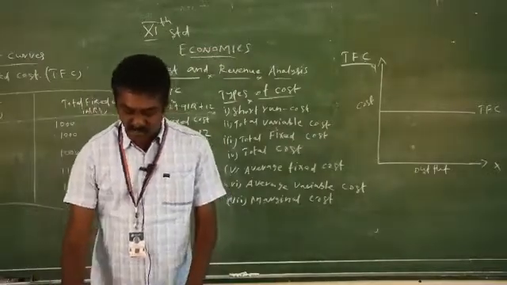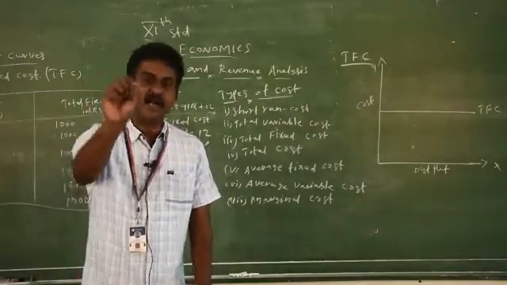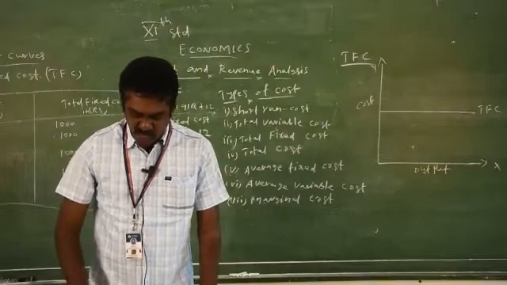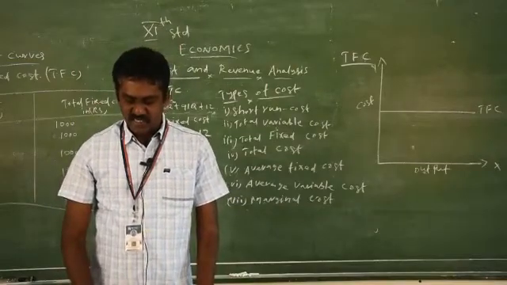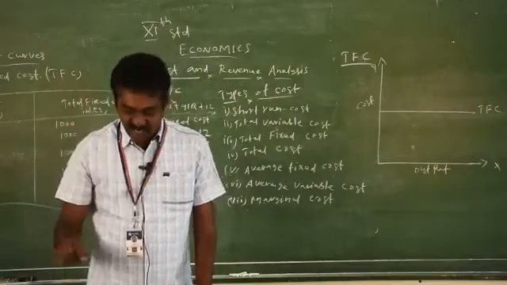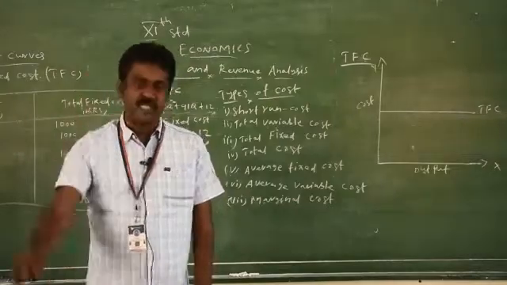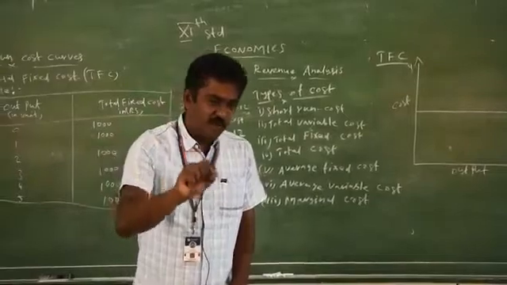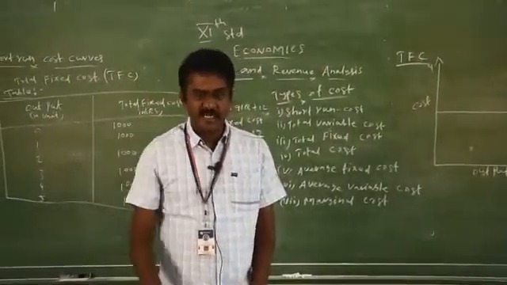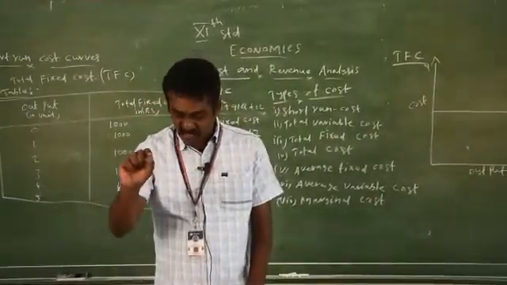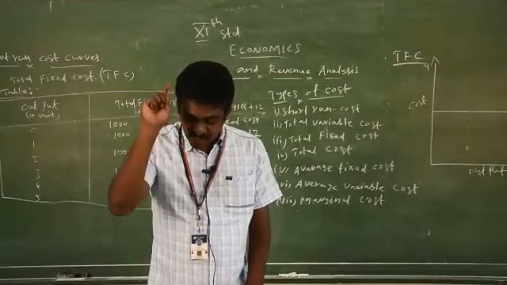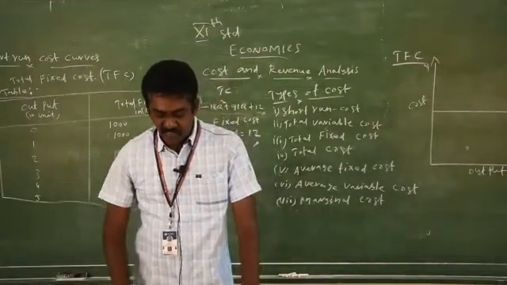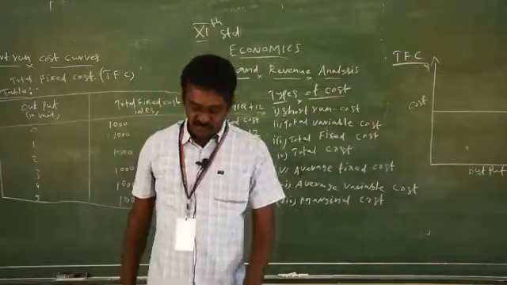So the total cost is 12, hence it is called fixed cost. It could be observed that total fixed cost does not change with output. Whether the output is 0, increasing or decreasing, the total fixed cost does not change.